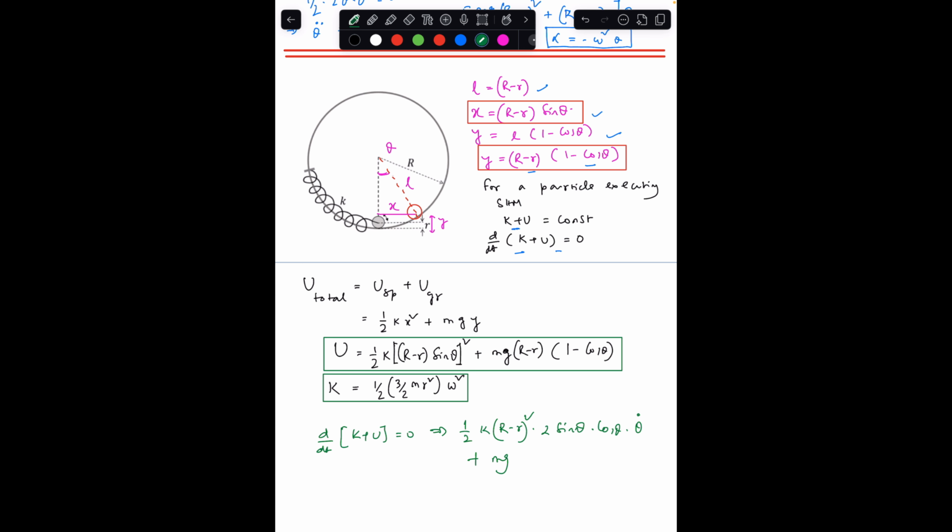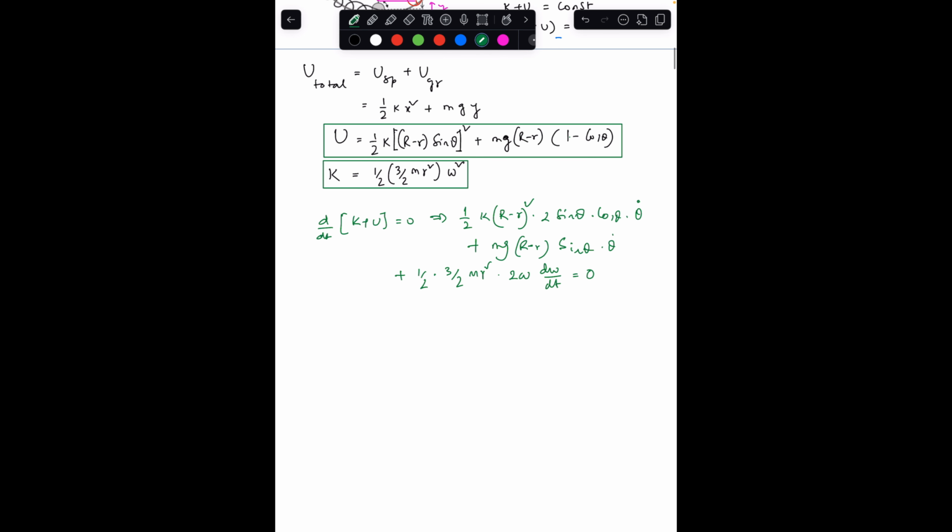Plus mg (R minus r) into derivative. Into 1 is constant, 0. So minus cos theta will become minus of minus plus. So this will become sine theta into theta dot plus half into 3 by 2 m r square into 2 omega d omega/dt. That is equal to how much?